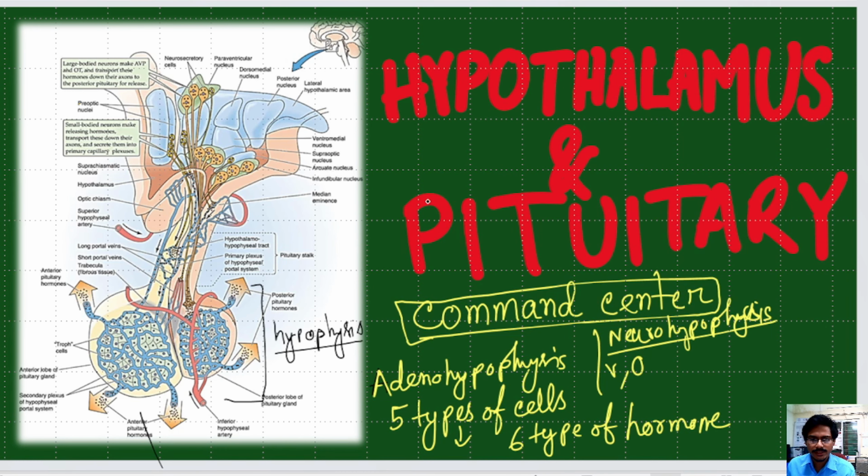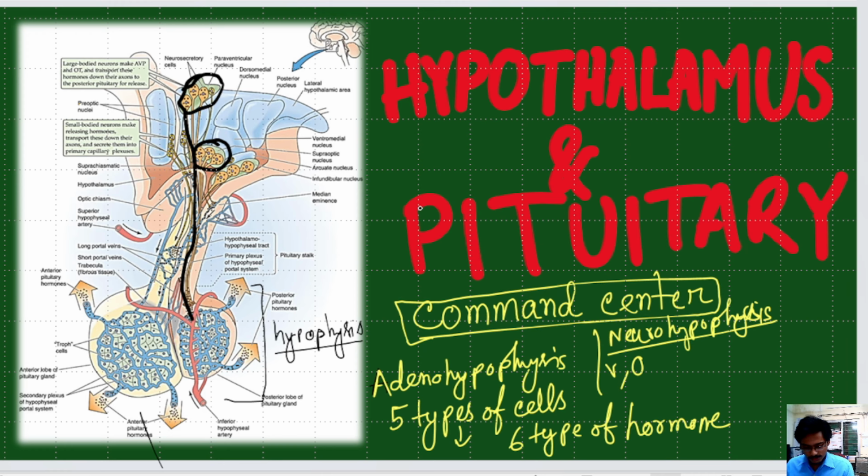In the previous diagram, you can see the PVN, and this is the SON. Their axons come to that region.